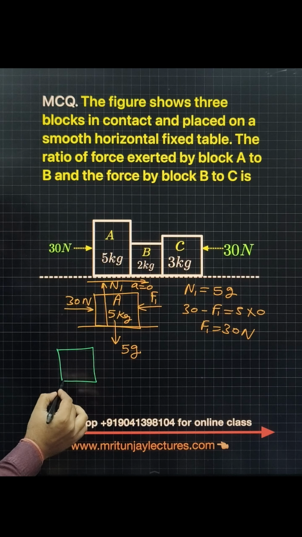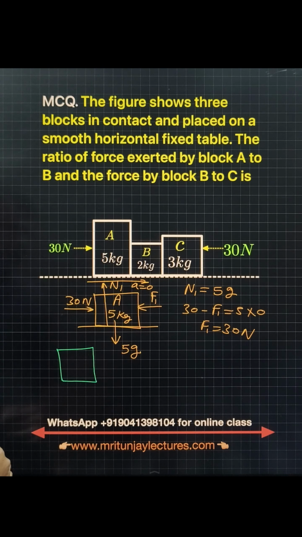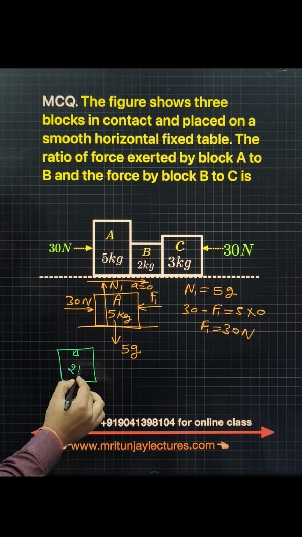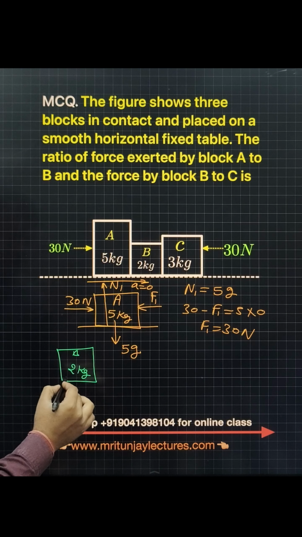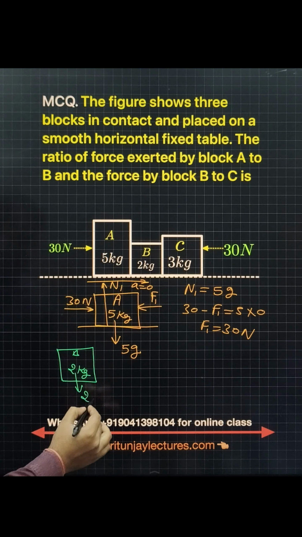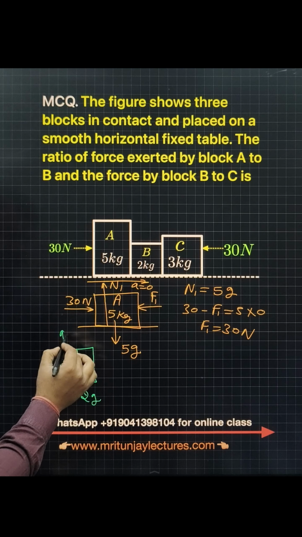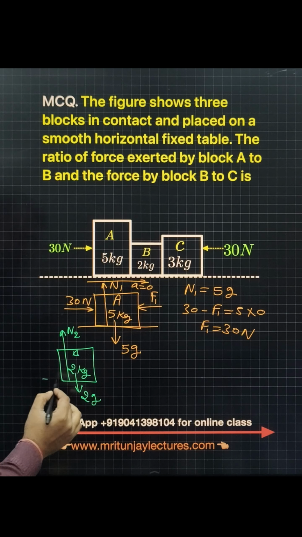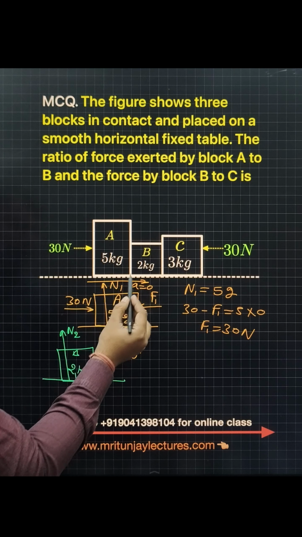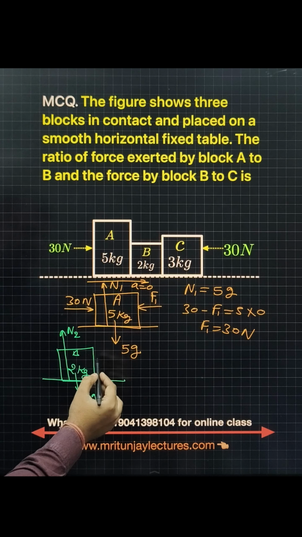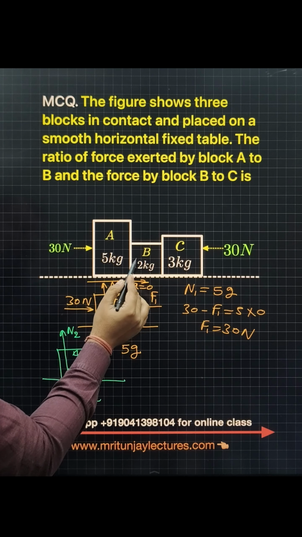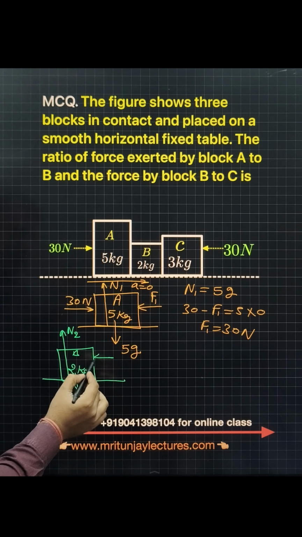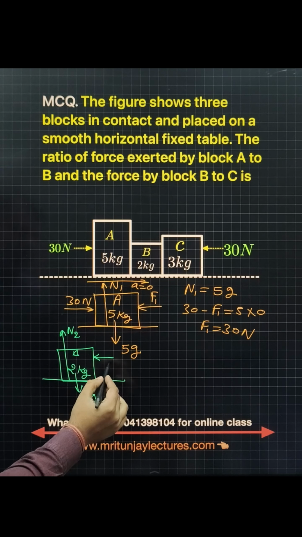If you consider B like that, here the mass of B is 2 kg. mg always works downward, 2g. The normal force applied by the horizontal table is N2. The contact force here is on B. We have to focus on that block B. So C on B is how much? Suppose that is F2.